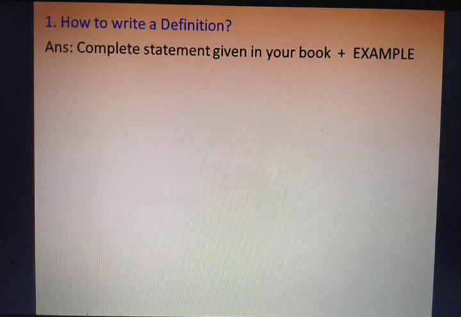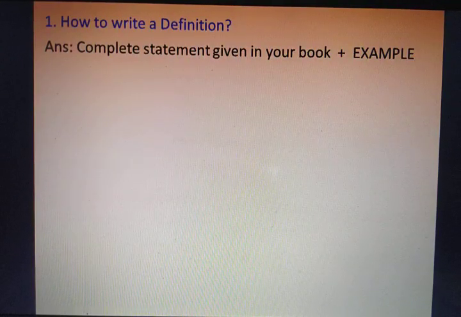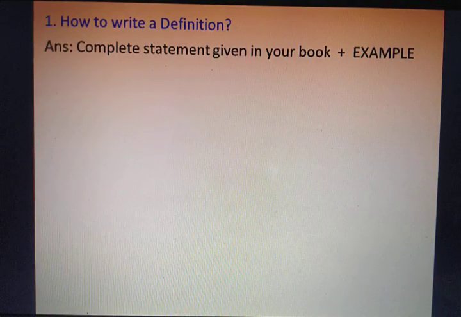A clear definition is given over there, but that is not complete. Along with the definition, an example is a must. Always remember that whenever you are writing a definition, you should write examples. That is very, very important. That makes a definition complete.